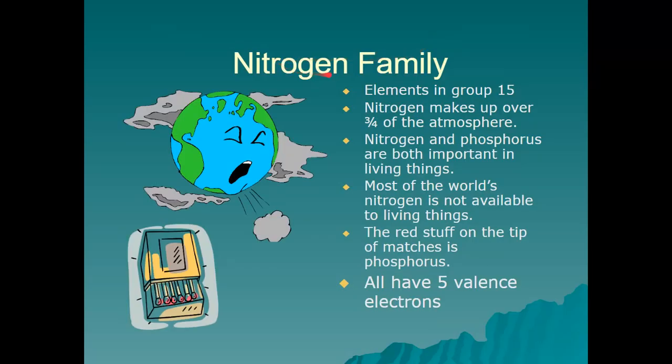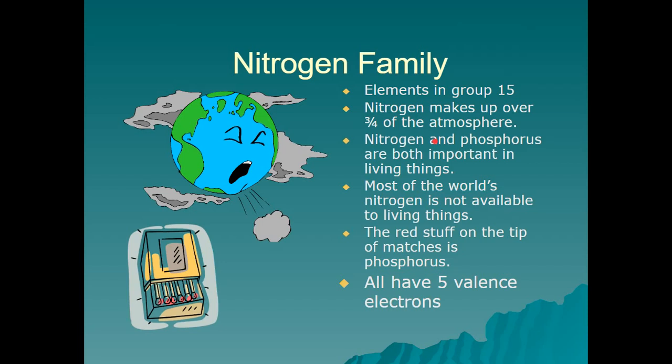Okay, the nitrogen family, elements in group 15, okay? Nitrogen makes up over 3/4 of the atmosphere. I believe it's 78% of our atmosphere. The gas in our atmosphere is nitrogen.